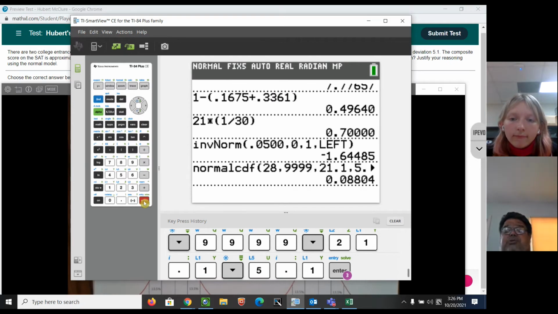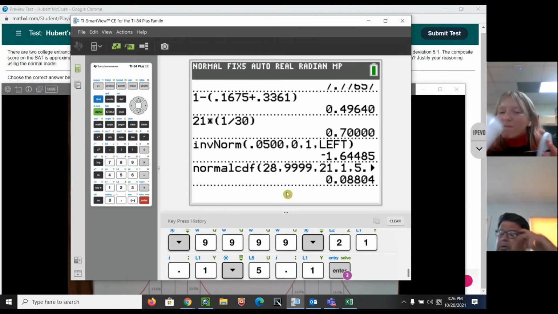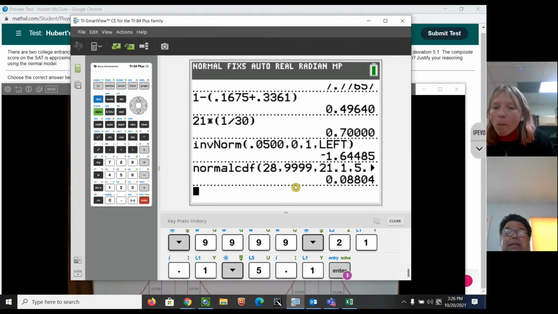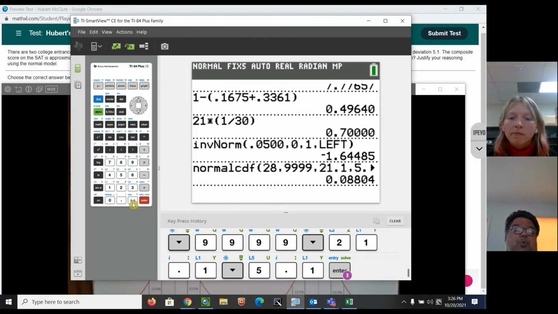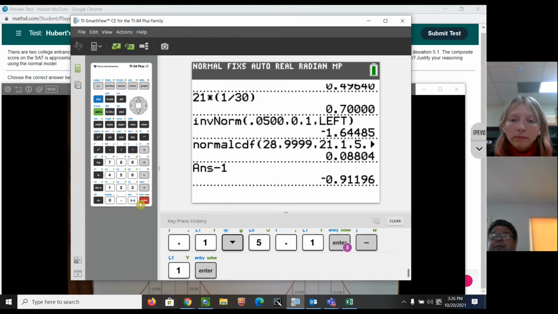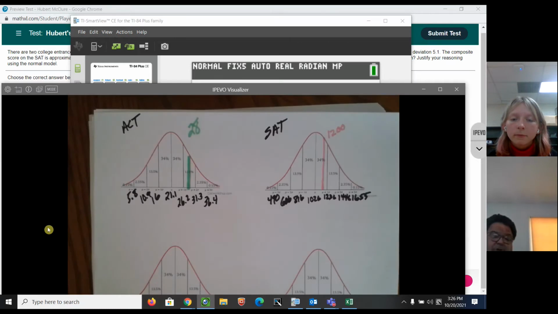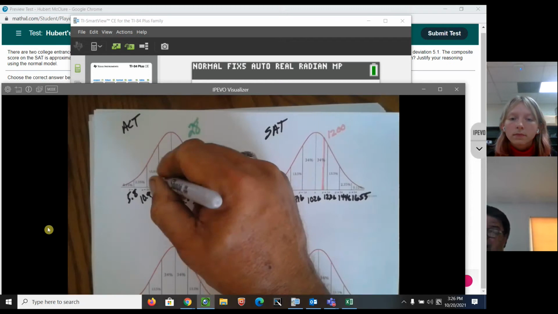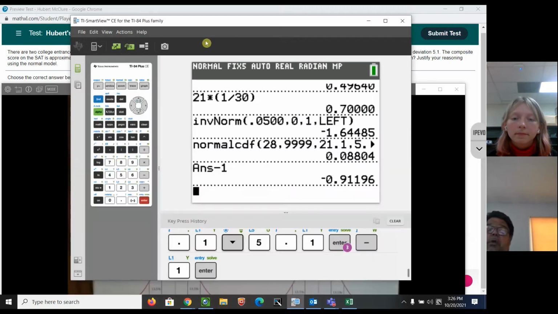Okay, I got 0.08. That's not right. Oh, okay, I see. I'm at the 92 percentile. I got to subtract that from 1. I'm at the 91st percentile. So let me go back to the picture. I'm at the 91st percentile. 0.91, what? 9120. 91.2 percentile.